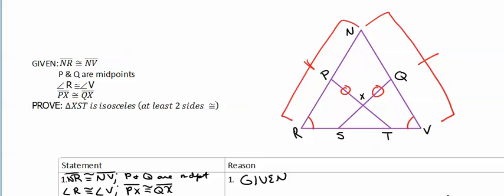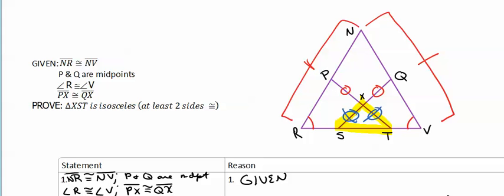Now, let's look at the diagram and see what they're actually asking us to prove. They're asking us to prove that in this triangle right here, XST, there are at least 2 congruent sides. And we need to figure out how we can do that. We can maybe take a guess that we're trying to get XS and XT to be congruent.